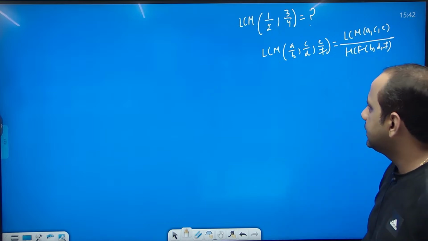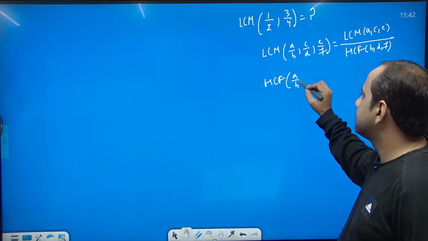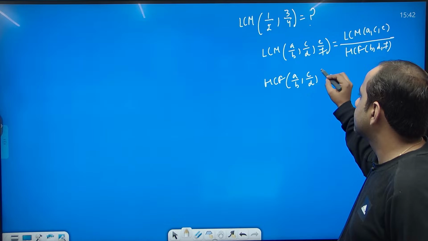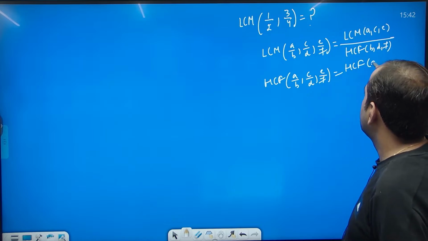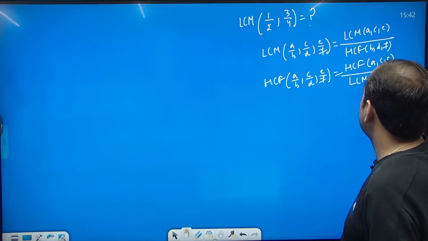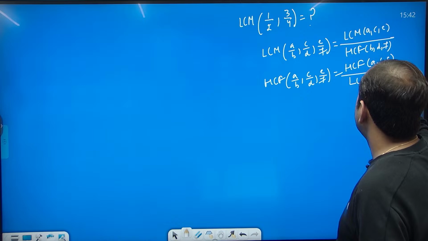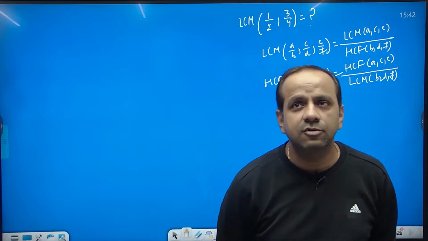At the same time, if you need to calculate HCF of fractions, that will be HCF of numerators divided by LCM of denominators.